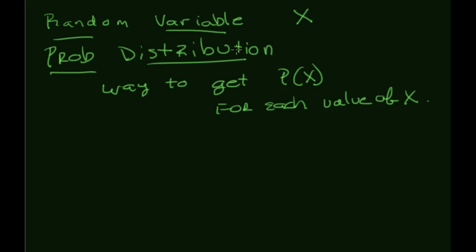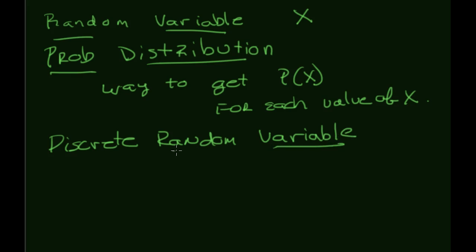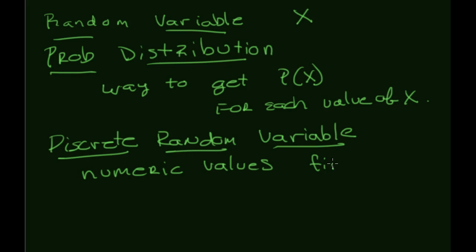Okay, a discrete random variable is a random variable that can only take numeric values, and there's either a finite number of possible x values or they're countable.